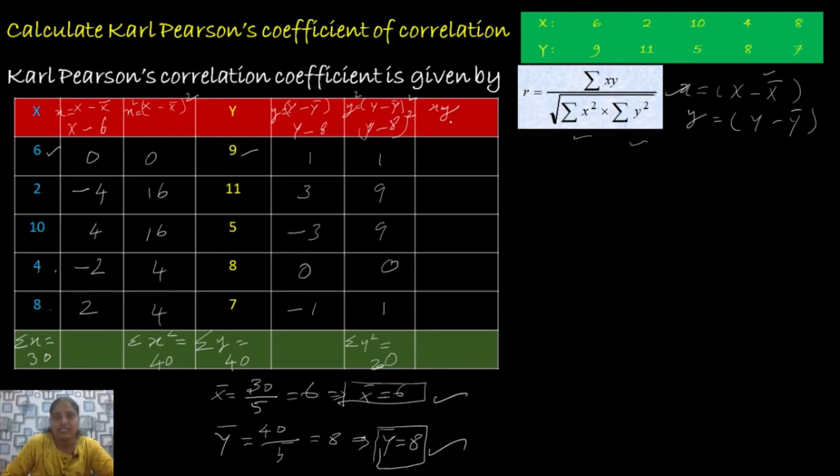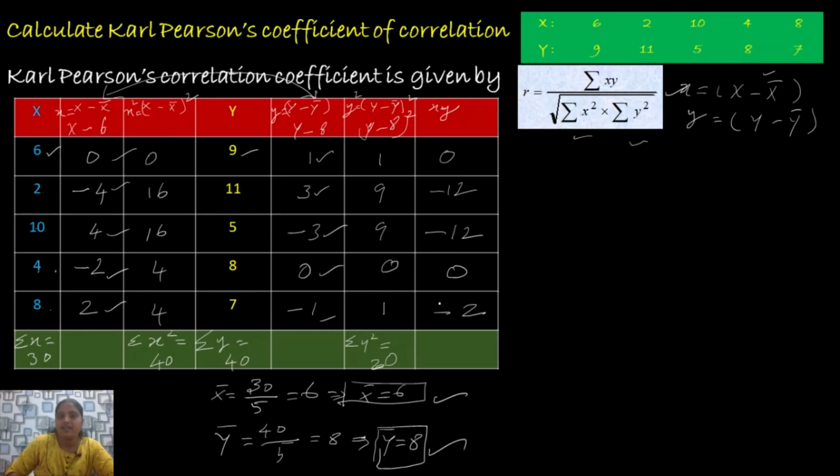Now xy, that is the product of x minus x bar and y minus y bar, that is 0 multiplied by 1 we get 0. Next minus 4 multiplied by 3, minus 12, 4 multiplied by minus 3, minus 12, 2 multiplied by 0, 0, 2 multiplied by minus 1, minus 2.